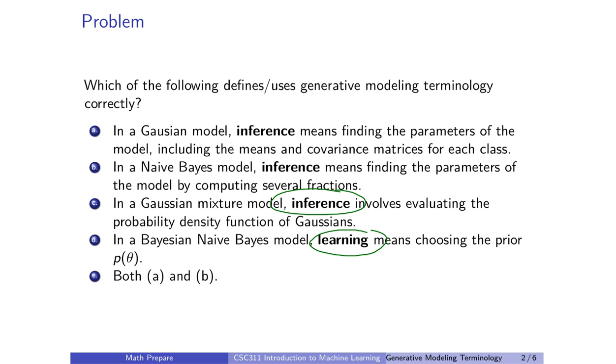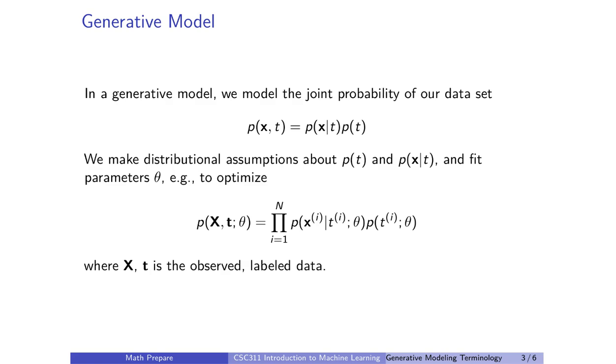So let's review generative models and these terms. In a generative model, we are modeling the joint distribution of our observed data, our training set. This is different from discriminative classifiers, which we talked about earlier in the course, which model this distribution directly.